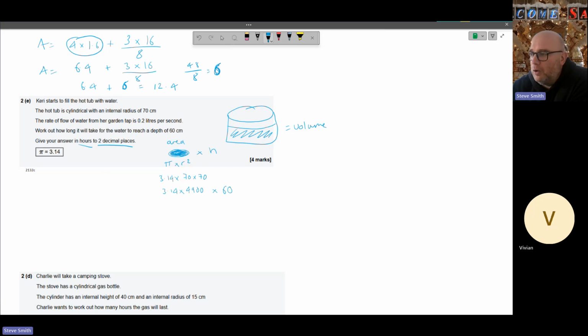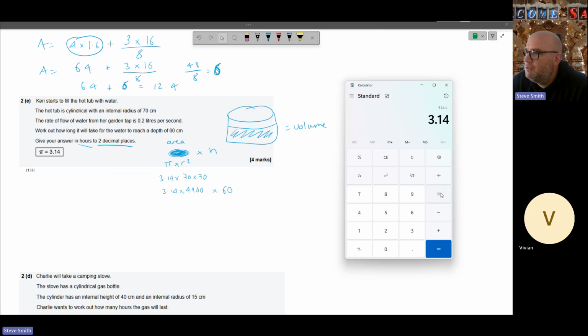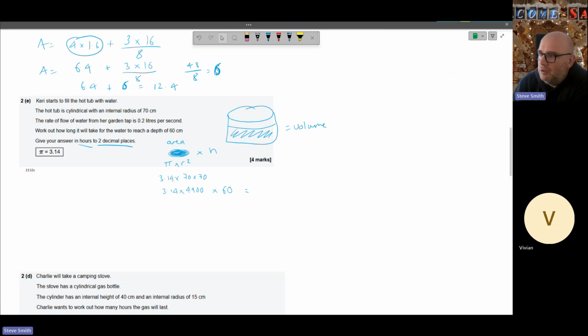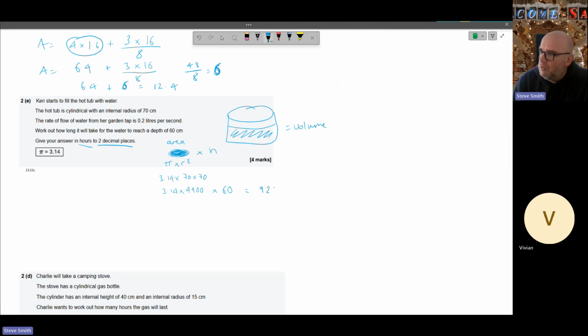Okay, so we've got a whole lot going on here. Where's my calculator gone? There it is. It's going to be big numbers. 3.14 times 4,900 times 60 equals 923,160.